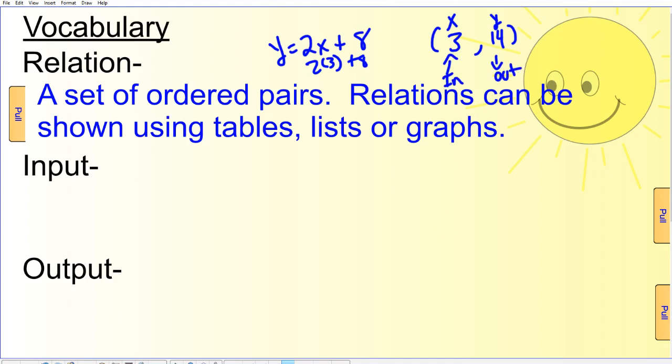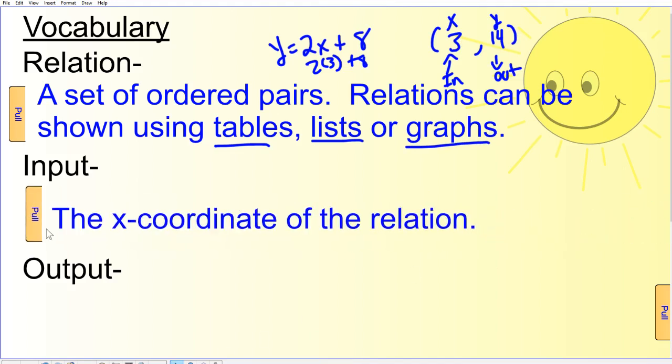Okay? And so a lot of times we get just a set of points. And that set of points can be shown using a table, lists, graphs. I could graph that point on a coordinate grid. Okay? So input is usually the x-coordinate of a relation. And again, sometimes we call that the domain of the function.